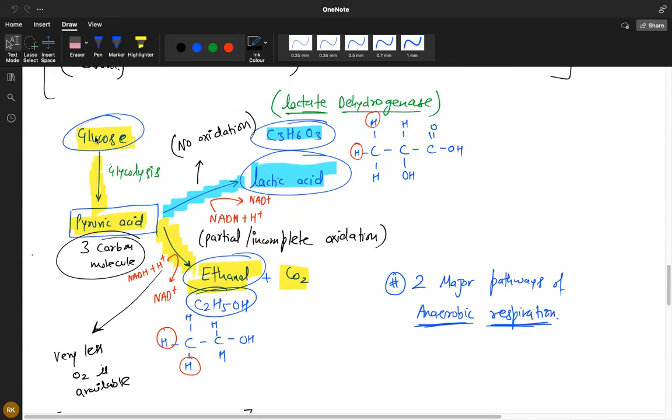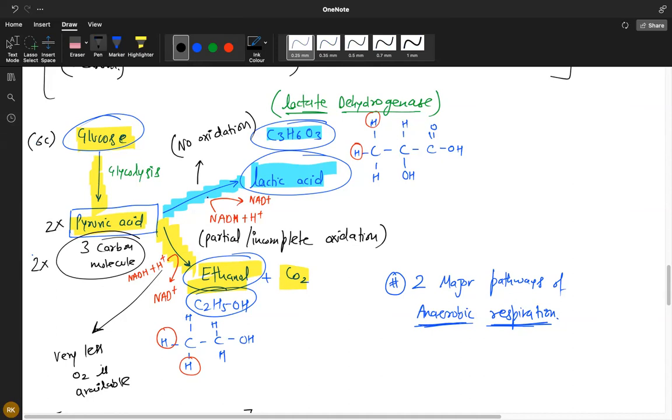So I started with glucose, and through glycolysis, it makes pyruvic acid. So by this time, all of this must be set in your head, right? So glucose is a 6 carbon molecule with which we begin the system, the respiration. It breaks down into two molecules of pyruvate, which is a 3 carbon molecule.